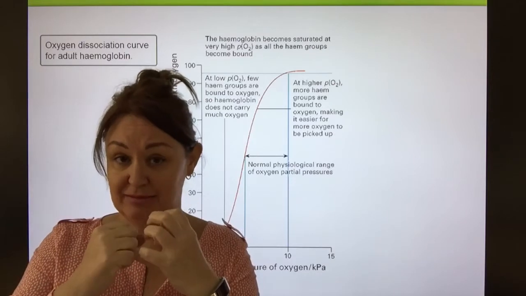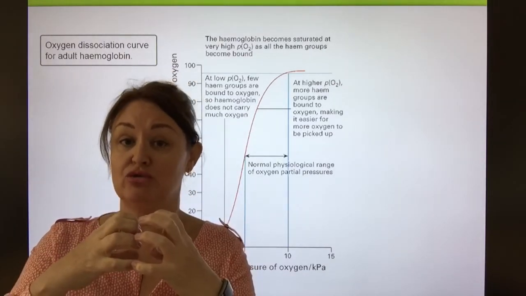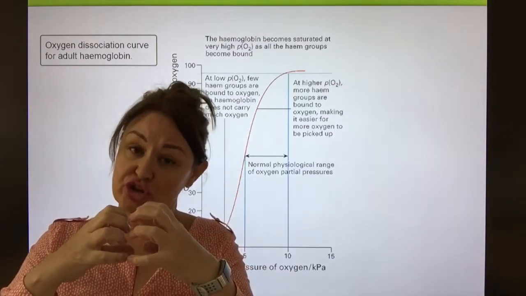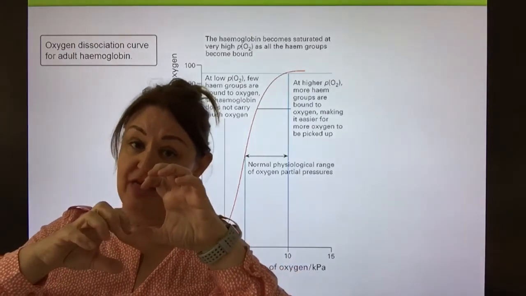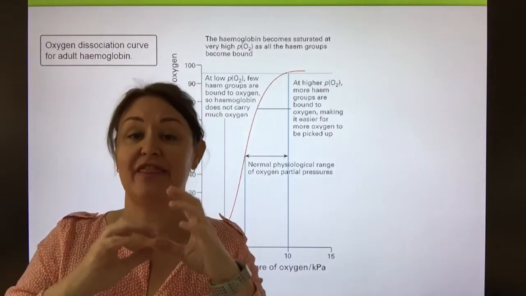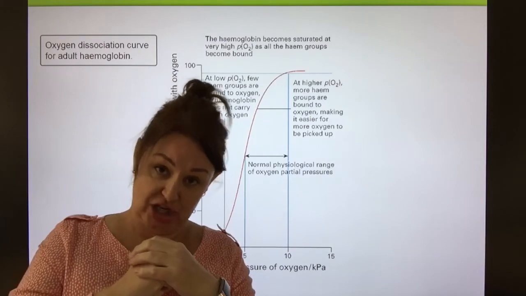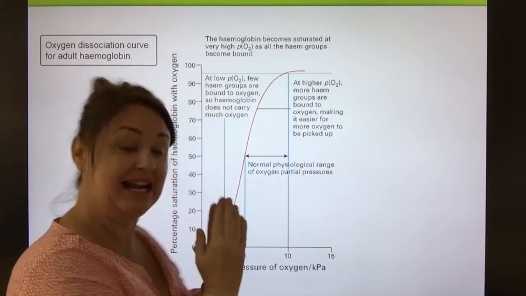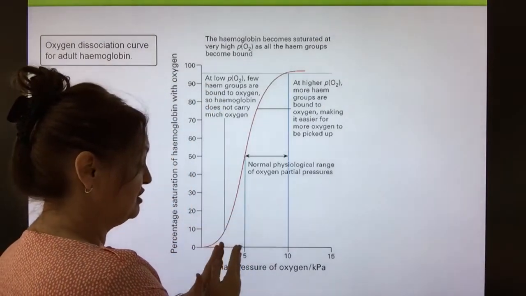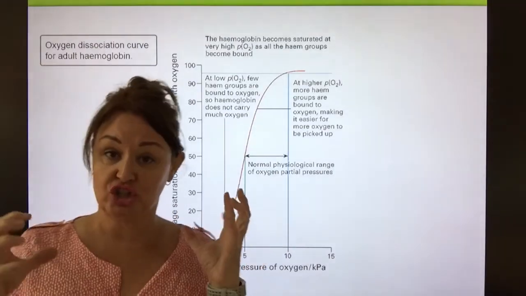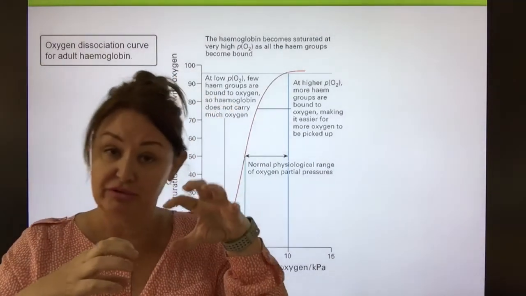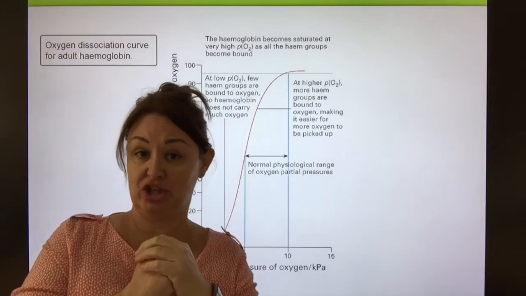That oxygen atom then, combined with the heme group, changes the structure of the second, the third and the fourth polypeptide chain. That means then that over a very small increase in partial pressure, oxygen can bind to number 2, number 3 and number 4 polypeptide chain.